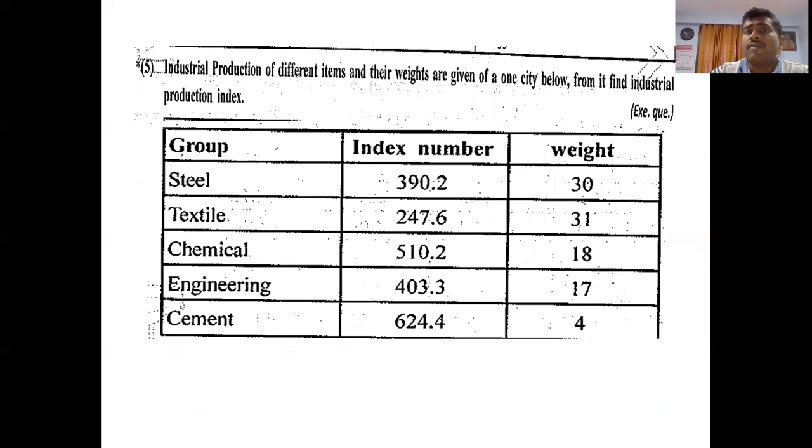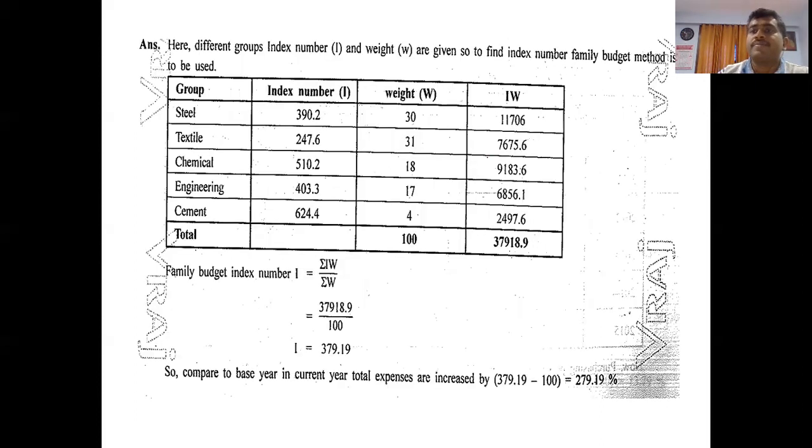Industrial production of different items and their weight. Now in this question, weight is given to you. If weight is given to you, again I am repeating, we don't have any other options. We have to use only one method, that is sigma IW upon sigma W, right? So W is there and I is there. So we can see the sum.